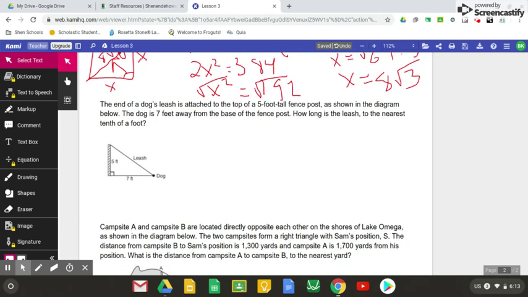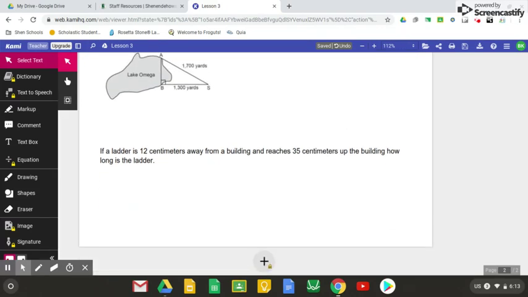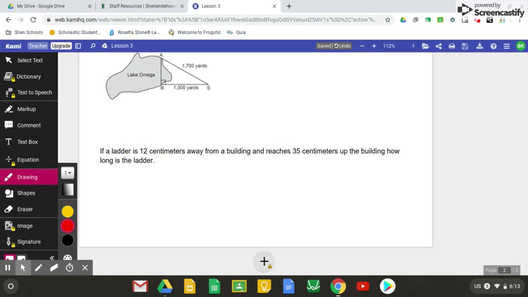All right, you're going to do this one. Nearest tenth of a foot, so that one you just got to round at the end. You're going to do this one too, and then I'm going to draw the picture for this last one. So sometimes you might need to draw a picture. So I see if a ladder is 12 centimeters away from a building. So I got a building here. That's my ladder.